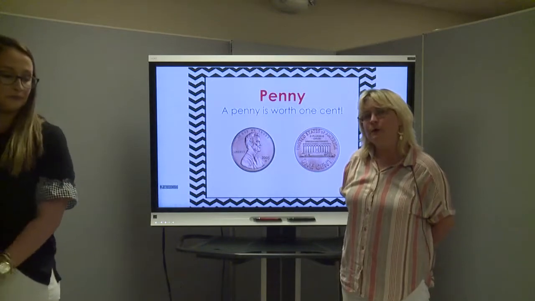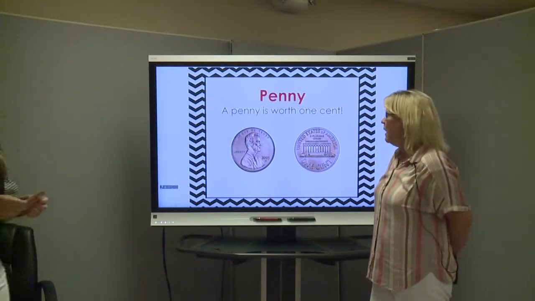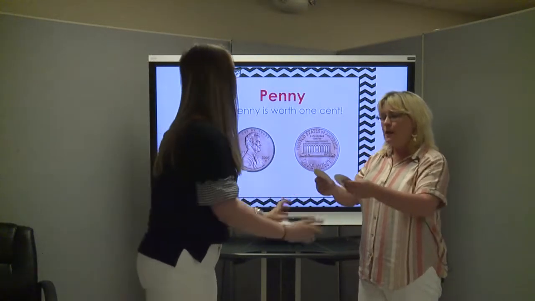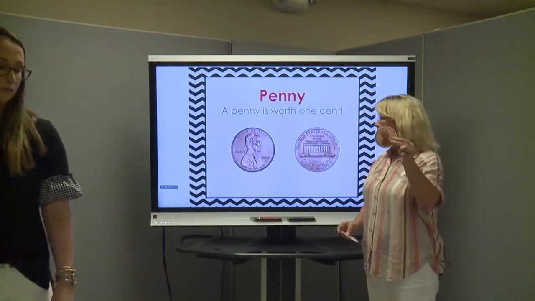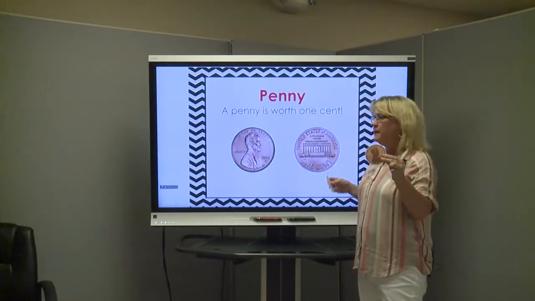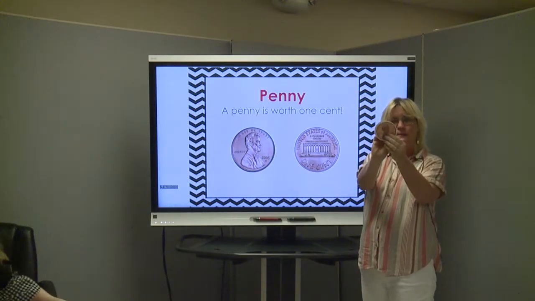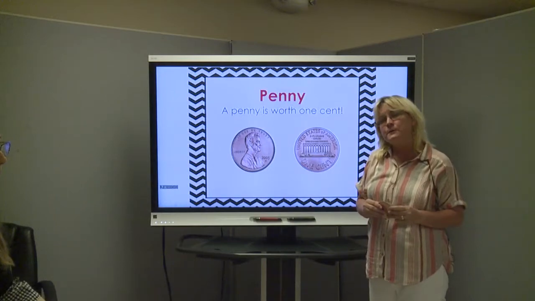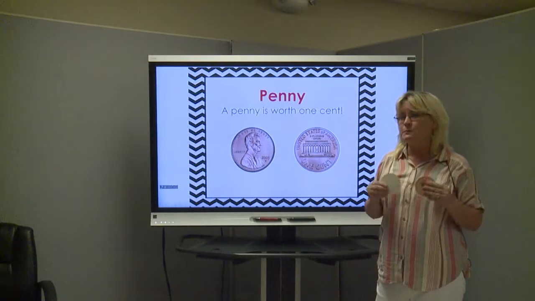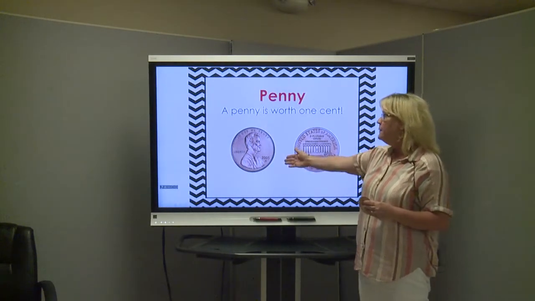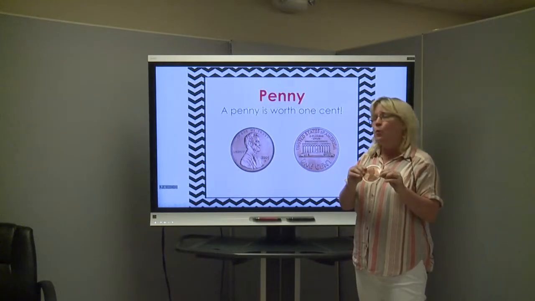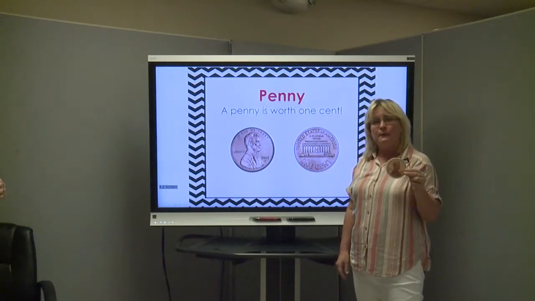Okay, the first coin we're going to look at today is a coin called a penny. Now, a penny has a head side, which is on this one, and a tail side, a front and a back. It looks like this. There are certain characteristics you need to look at to tell the difference between your different coins. On the head side of a penny, we have a former president, Abraham Lincoln.